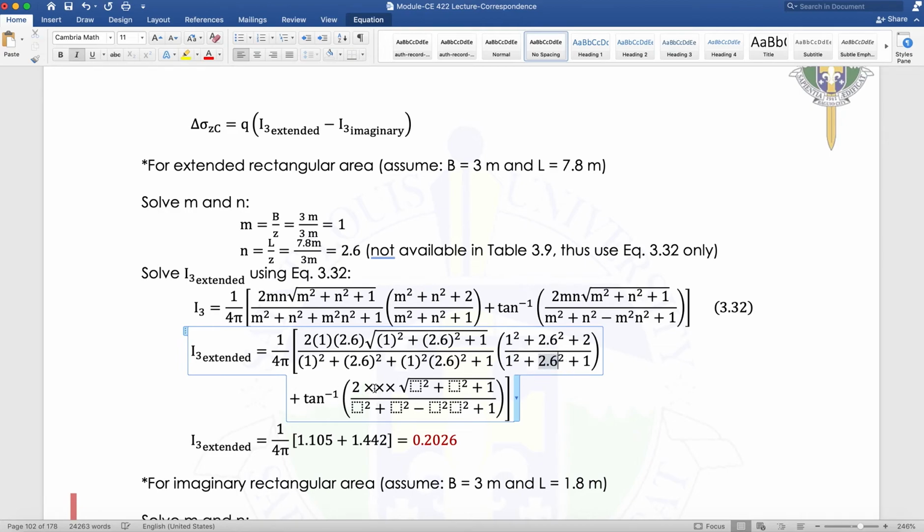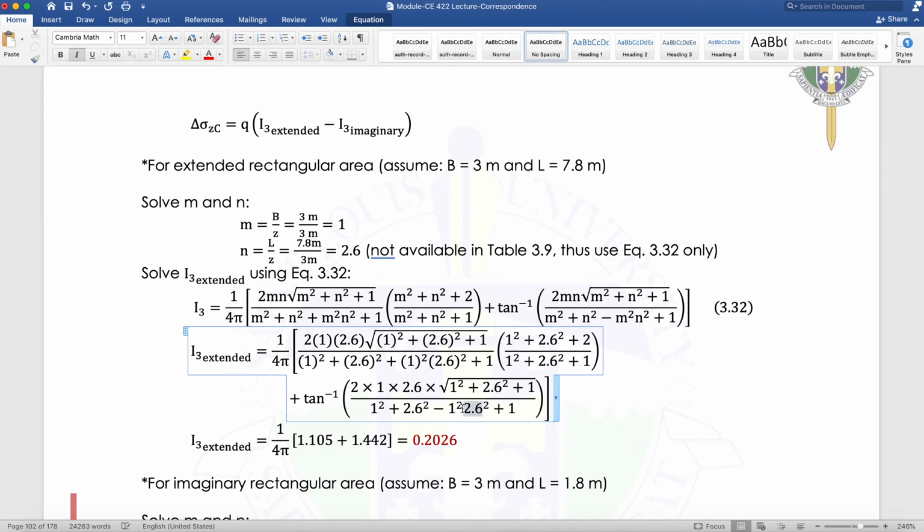Then for the arctangent, we have here 2 times M times N. 2 times 1 times 2.6 times the square root of 1 squared plus 2.6 squared divided by 1 squared plus 2.6 squared minus we have 1 squared times 2.6 squared.